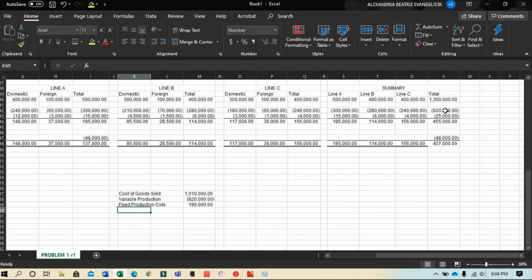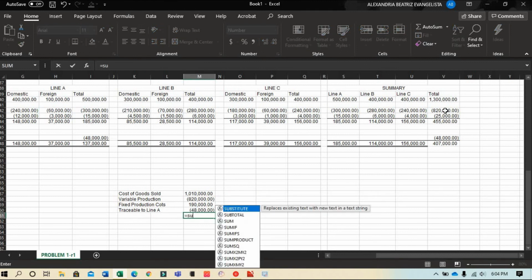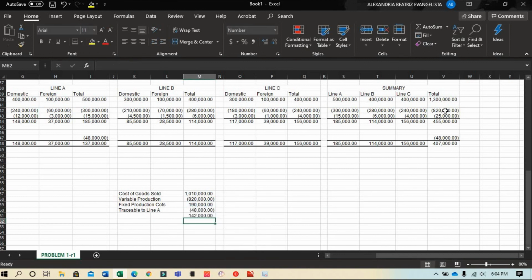However, 48,000 of it is traceable to line A. And we're left with $142,000.